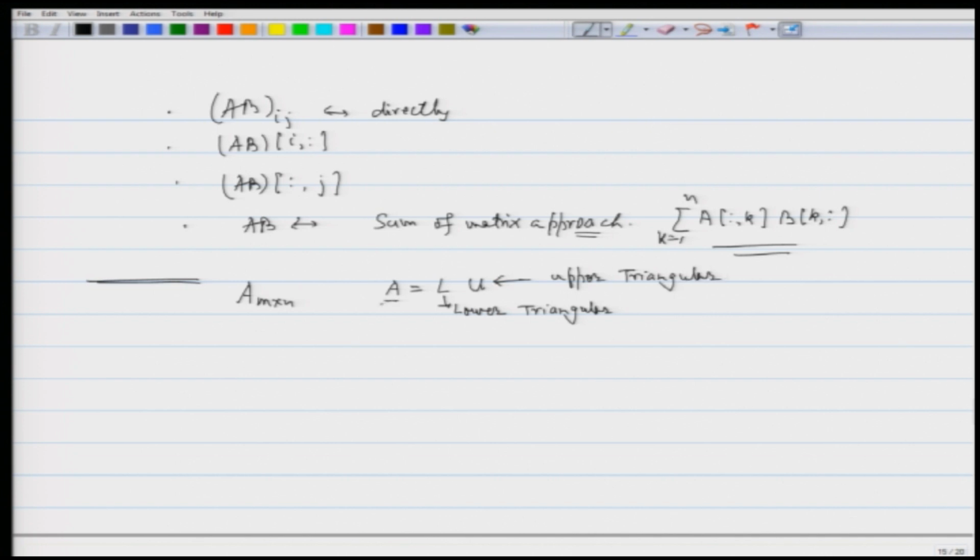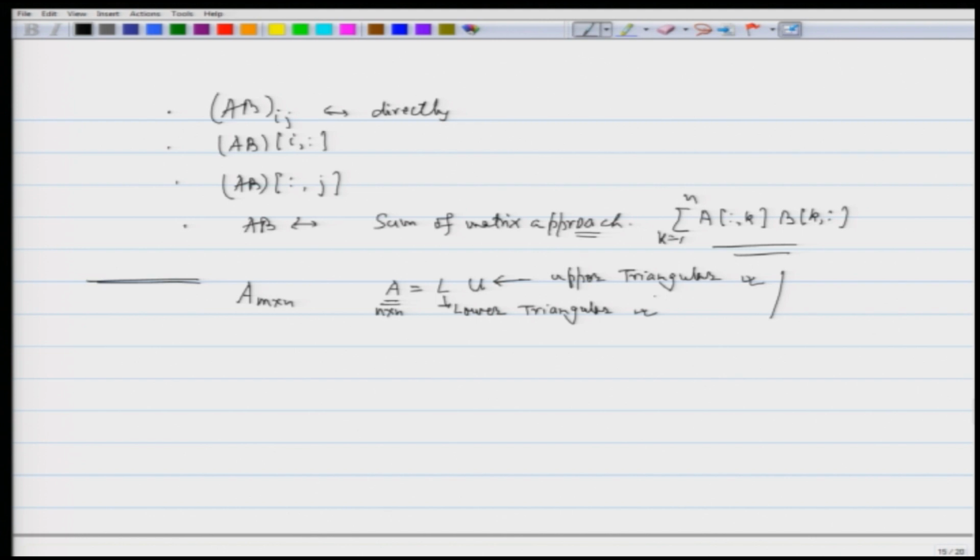So, A is a matrix which is m cross n. Then I will have some issues. I cannot talk of upper triangular, lower triangular. I will have to talk in terms of lower triangular form and upper triangular form. But if A is a square matrix, then these two make sense.